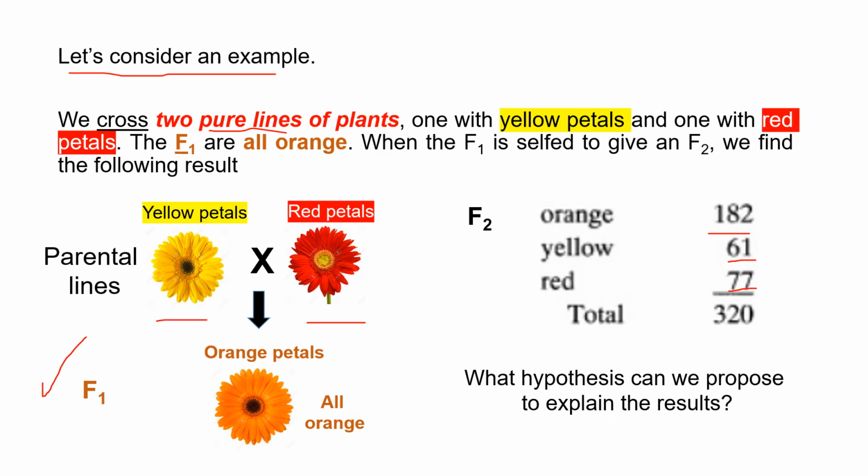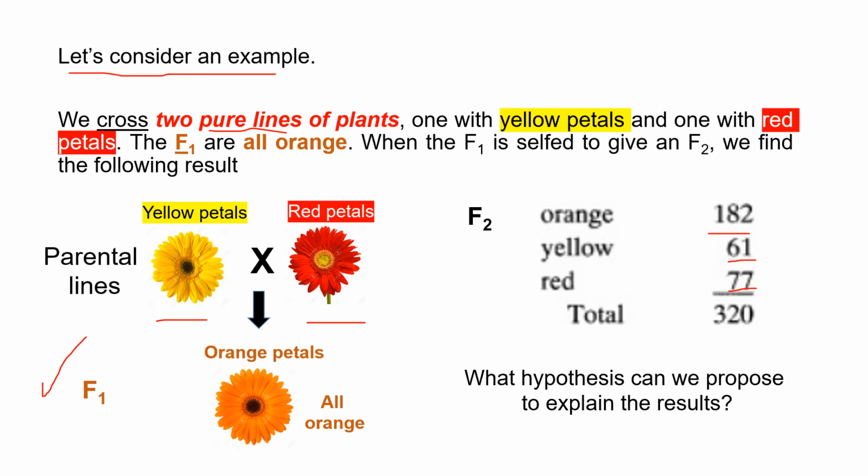So what hypothesis can we propose to explain these results? Will you say this is a Mendelian example, or maybe a different inheritance pattern? This could be an example of epistasis, incomplete dominance, or multiple alleles.